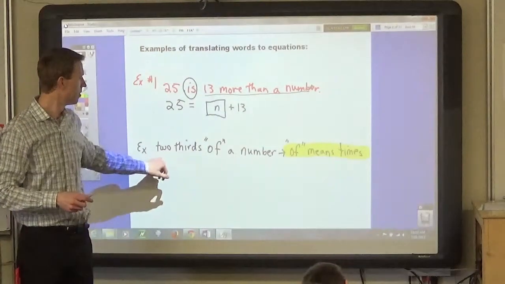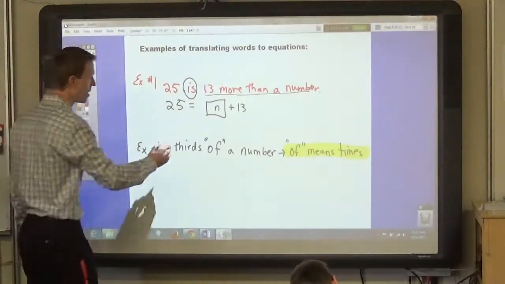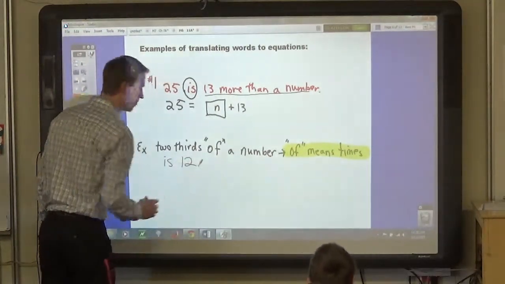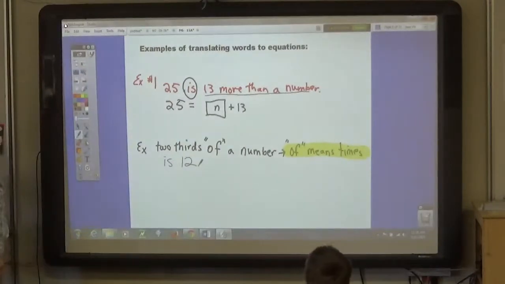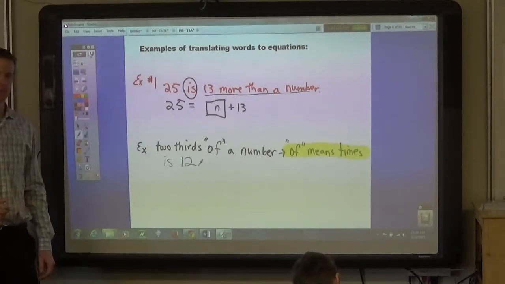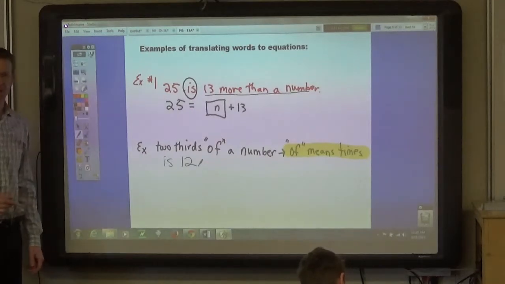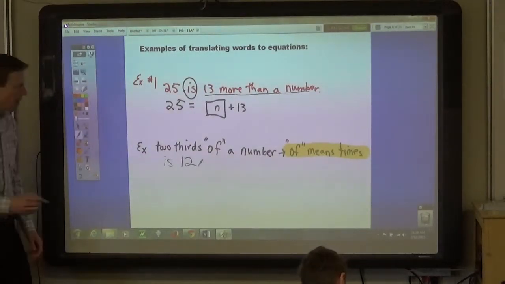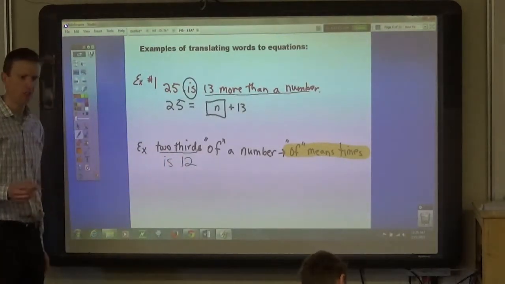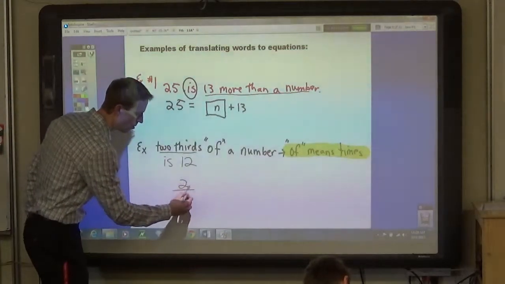How about this? 2/3 of a number. What if we finish that? 2/3 of a number is 12. How would we write this out as an equation? What does of mean again? Times. So start with writing out 2/3. Put this in your notes. 2/3.